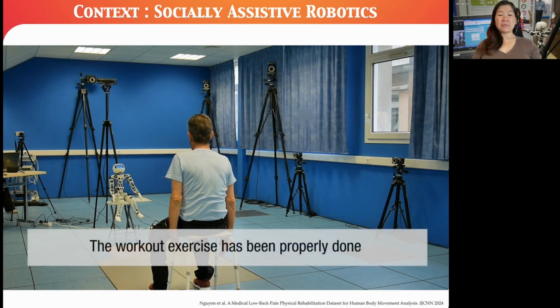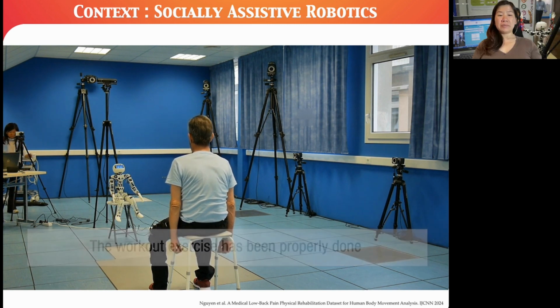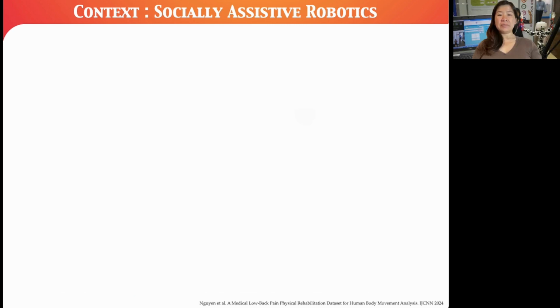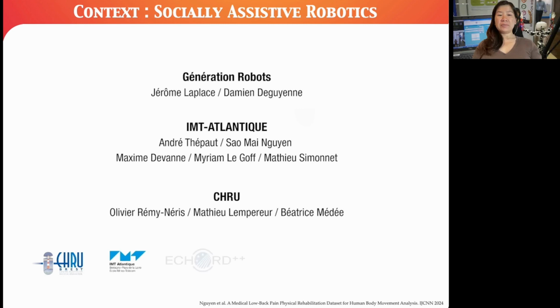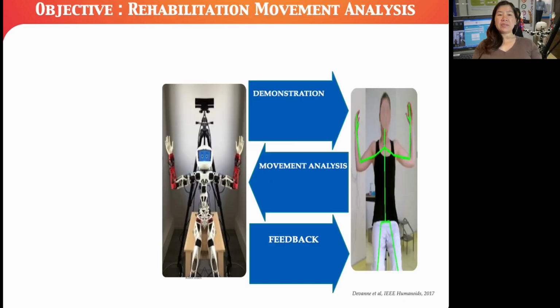The workout exercise has been properly done. So as shown, the goal is to have a robot coach to give demonstrations to patients, analyze the movement, and be able to give feedback to improve the movements.